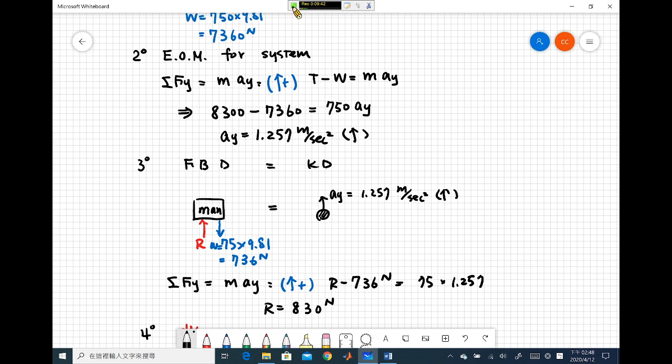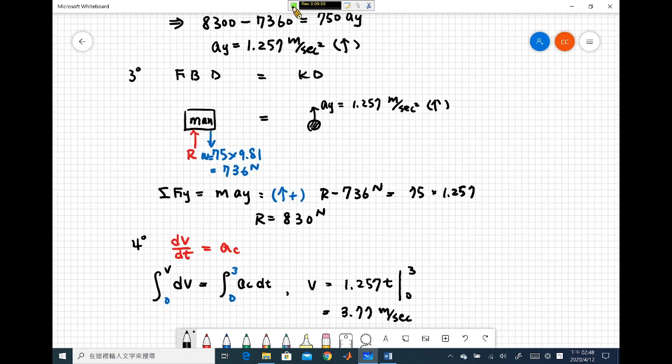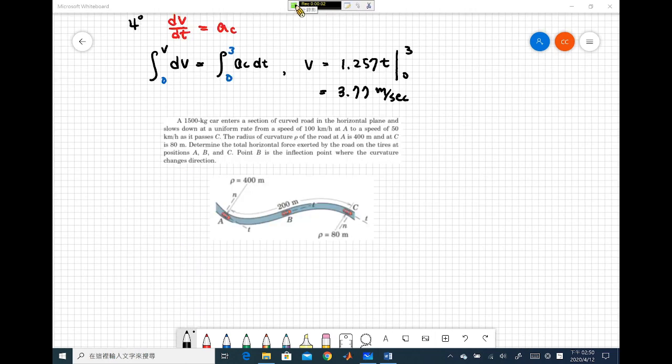So in this equation of motion, we should be able to determine the reactional force from the scale to the man. Then we can determine the reading. Also, because we know this acceleration will be constant, then using the definition dv over dt is equal to acceleration, we should be able to determine the velocity at 3 seconds. Okay. All right, let's move on.